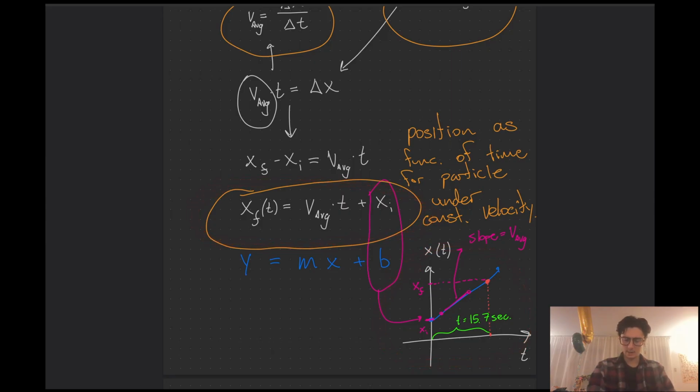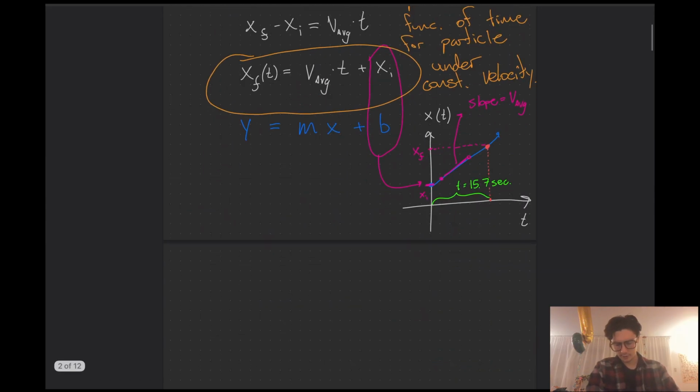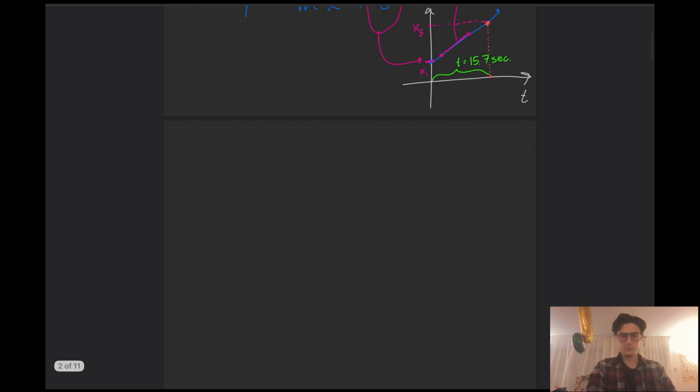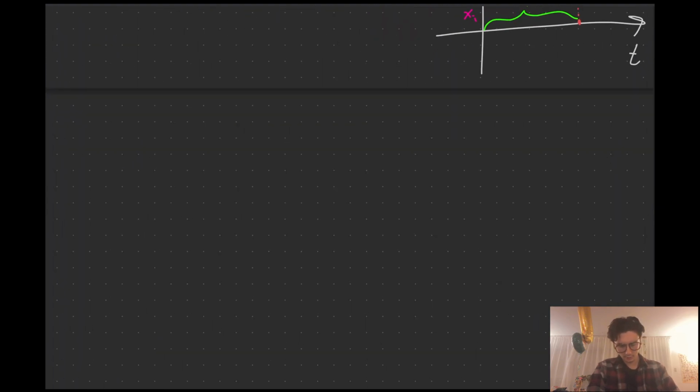Awesome. The next thing you learn in chapter 2 is particles under constant acceleration. So they tell you that average acceleration is equal to delta v over delta t. So now it's the change in time of velocity, the rate of change of velocity, how much your velocity increases over time. Notice the similarities with average velocity.